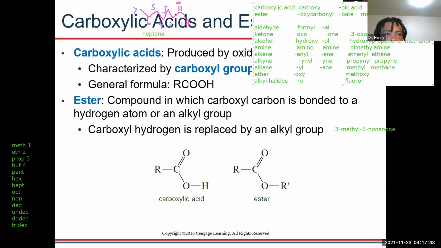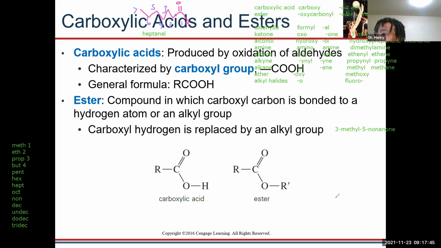Okay, so let's start off with the carboxylic acids. One, two, three, 6.